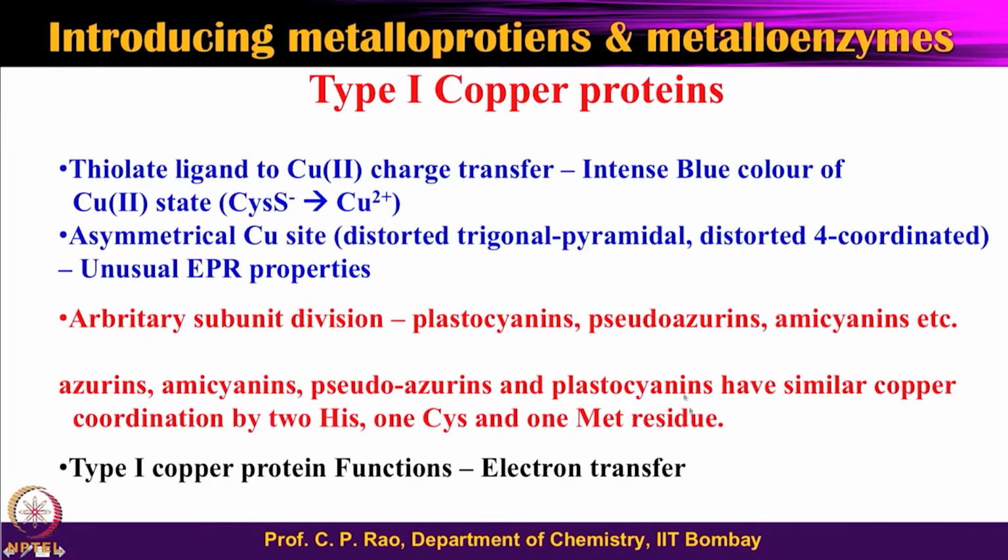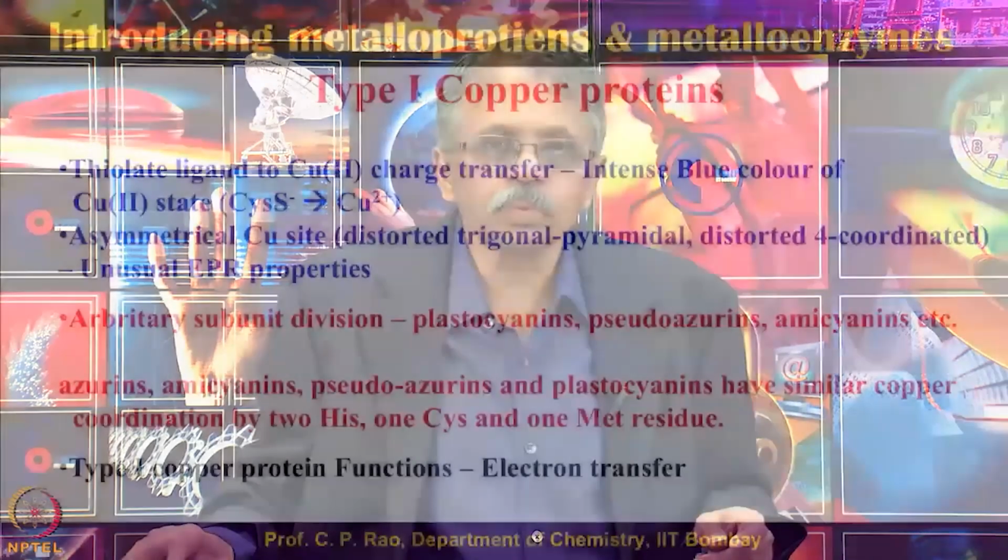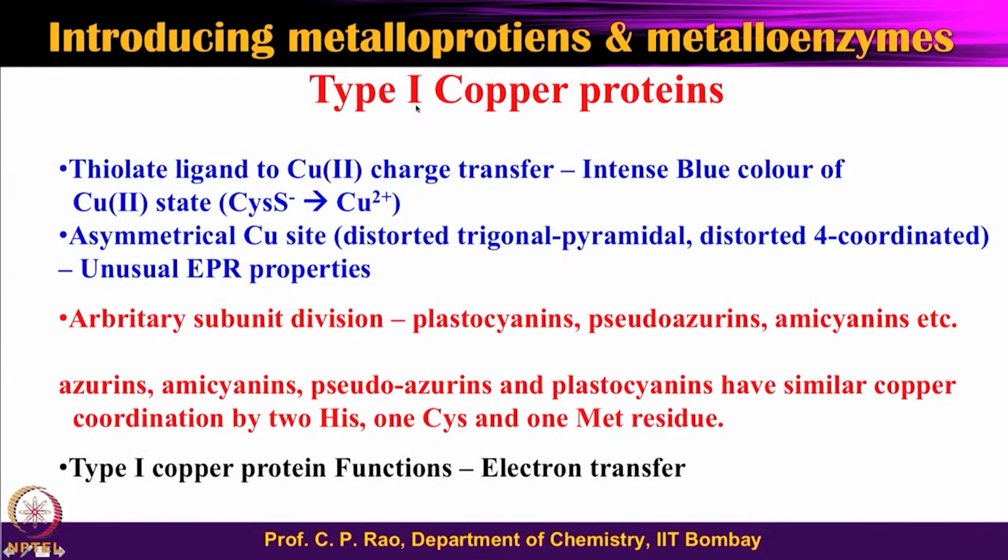Okay, so let us look at the blue copper proteins, which are also referred to as type 1 copper proteins. Type 1 has nothing to do with the copper 1 oxidation state. Type 1 copper proteins, which are nothing but the blue copper proteins, give an intense blue color, and the blue color comes simply because of a charge transfer from cysteine sulfur to Cu2+.